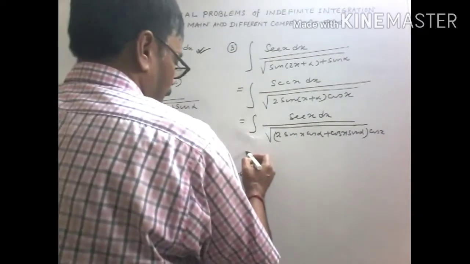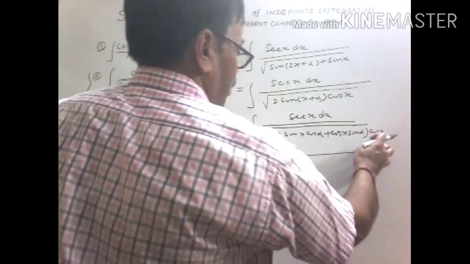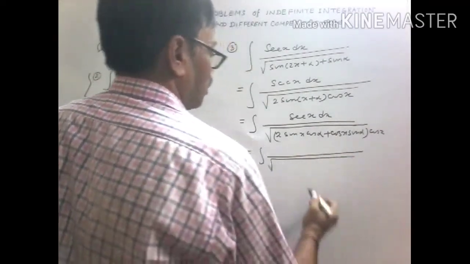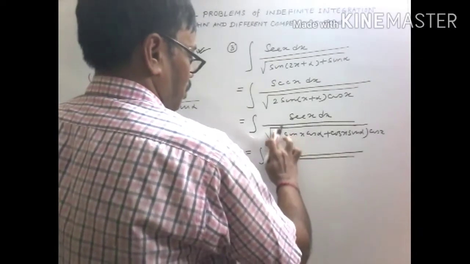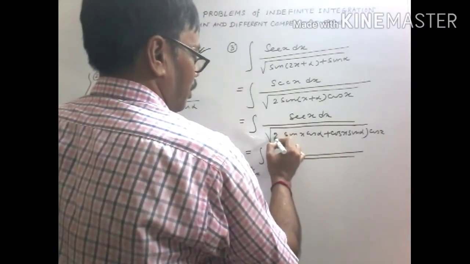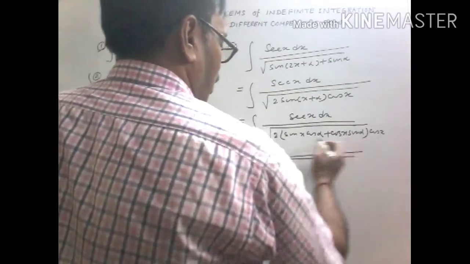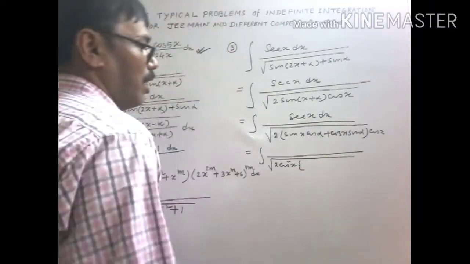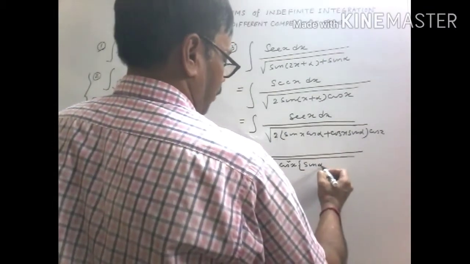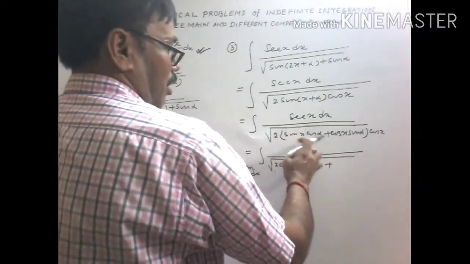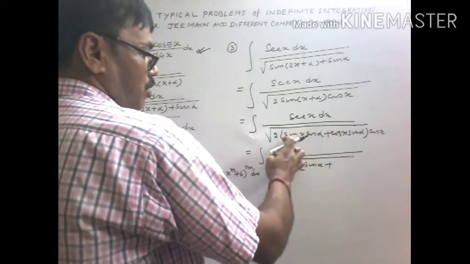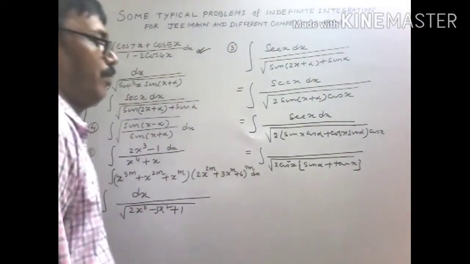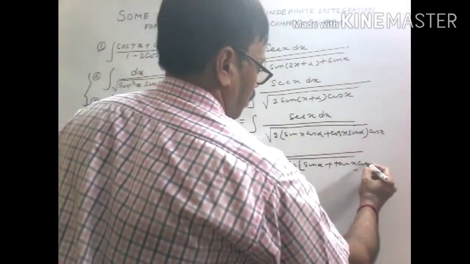Now if we take cos x common here, this cos x and this cos x, so 2 is common throughout. So 2 cos x into cos x, so 2 cos square x, then in the bracket, this is sin alpha plus tan x into cos alpha.